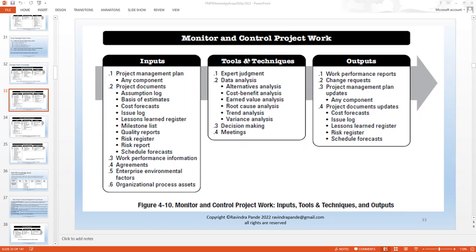Similarly, we have quality reports. These quality reports include things like schedule variance, resource variance, and task variance. These variances are basically any deviation from the planned entities. So if you have 6 resources on your project and they are doing 6 tasks, that's normal progress.